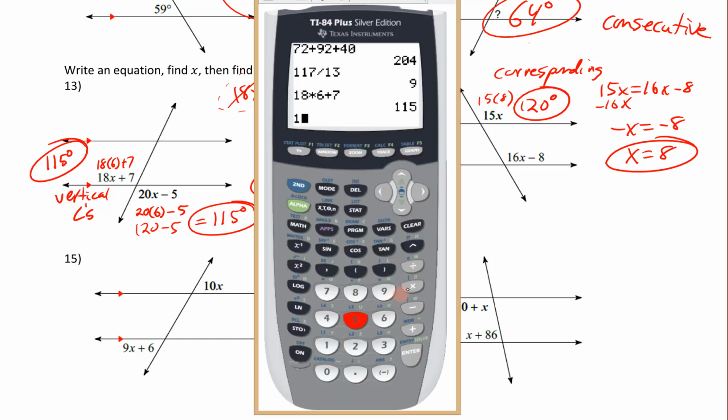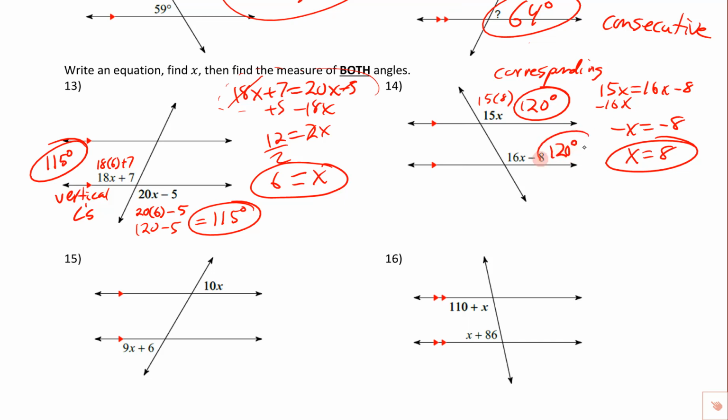I'm going to do 15 times 8, so we end up with 120. Let's do 16 times 8, and then let's subtract 8. And if you think about it, that should be exactly the same, because if this was multiplying by 8 and then we subtracted 8, that's the same as 15x. So this is going to be 120 also. So those happen to be the same on both of those.